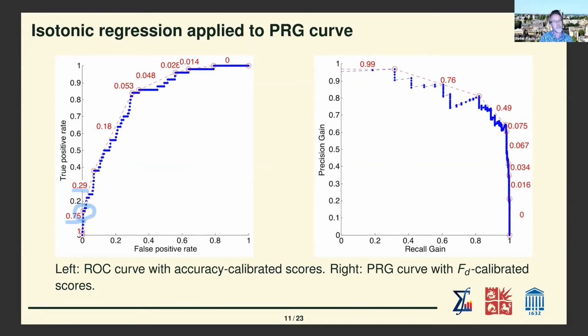This is the operating point I would choose if I have equal misclassification costs, for example, and I use the prior that is in the training set. This is the main advantage of having these calibrated scores, and I can do the same calculation if I have different misclassification costs.